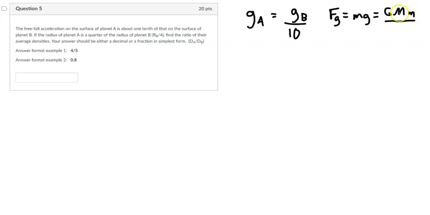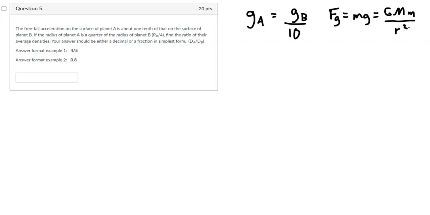And generally speaking, I like the big M for the larger object and the little m for the smaller object. I know if you look this equation up online, many times you will see M1, M2, but I have great difficulty keeping M1 and M2 separate from one another, but I do not have trouble keeping big M, little m separate, so that's why I do it that way. Divided by the radius squared.